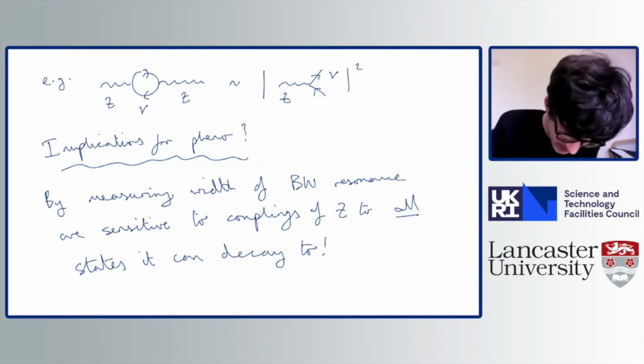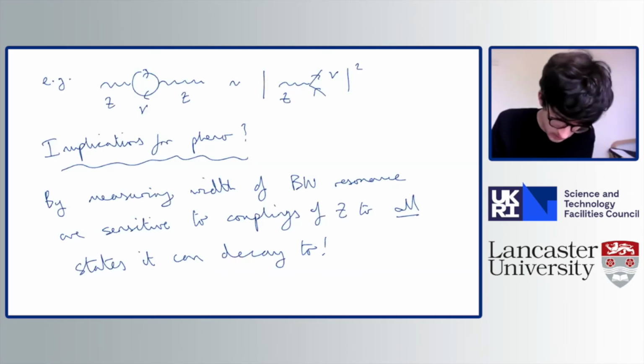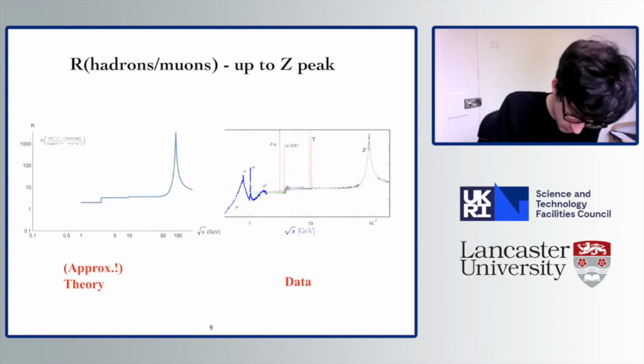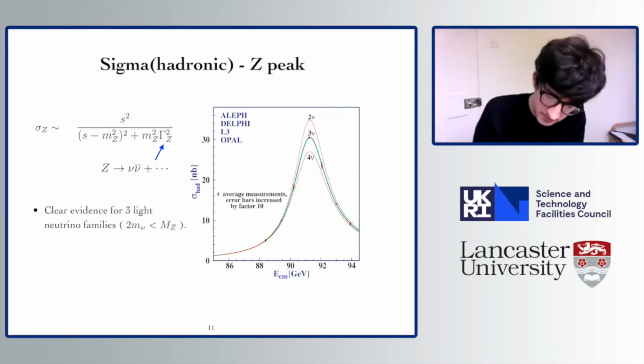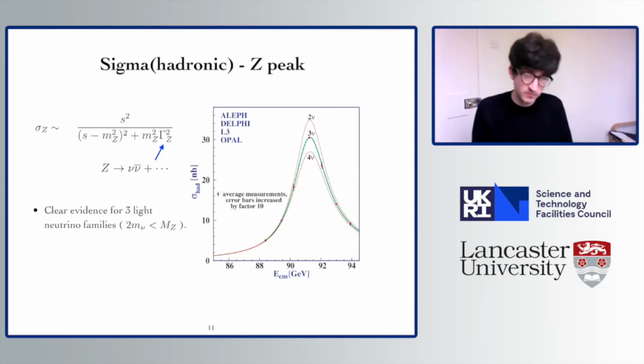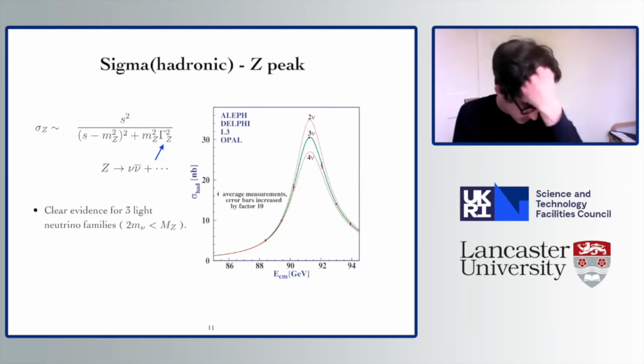Get back to my slides. So what we've got here is actually the Z width to hadrons as measured at LEP, so an e+e- collider.